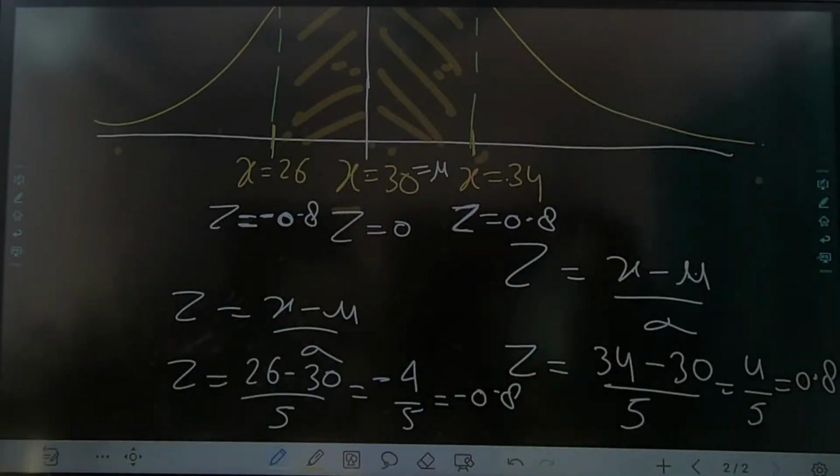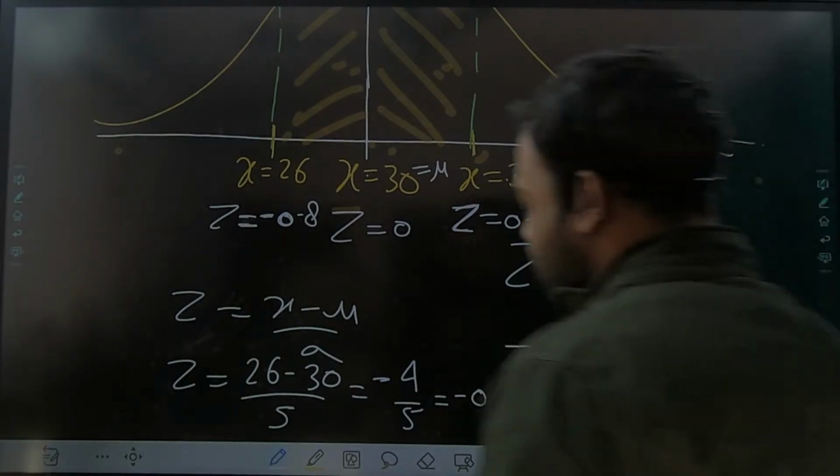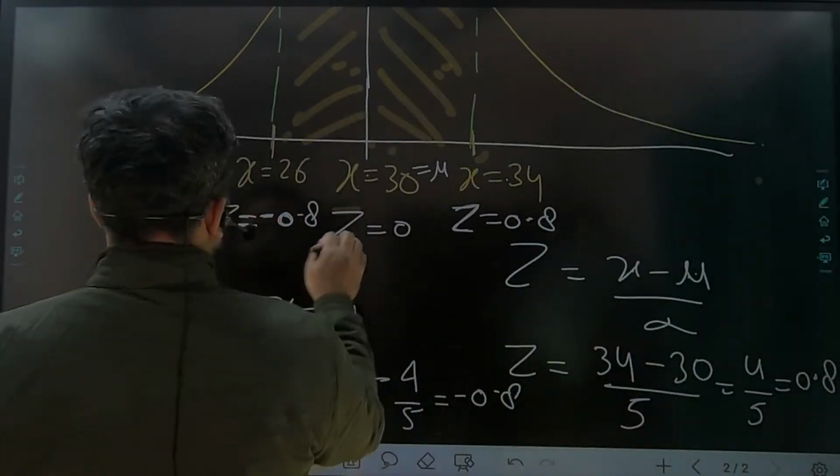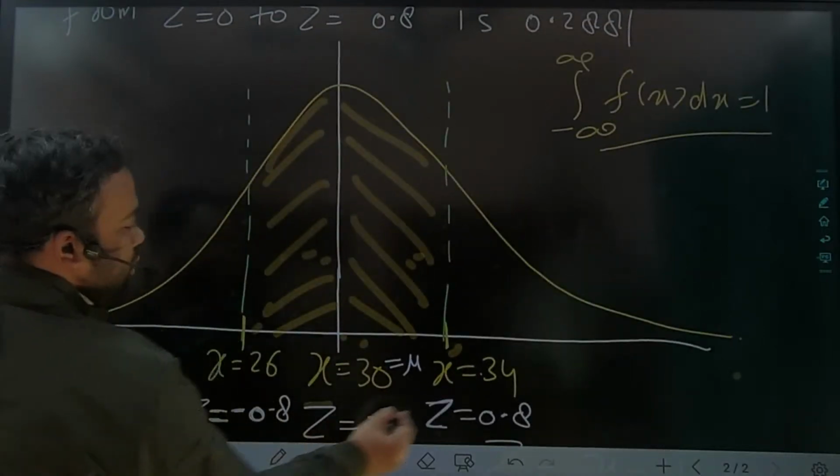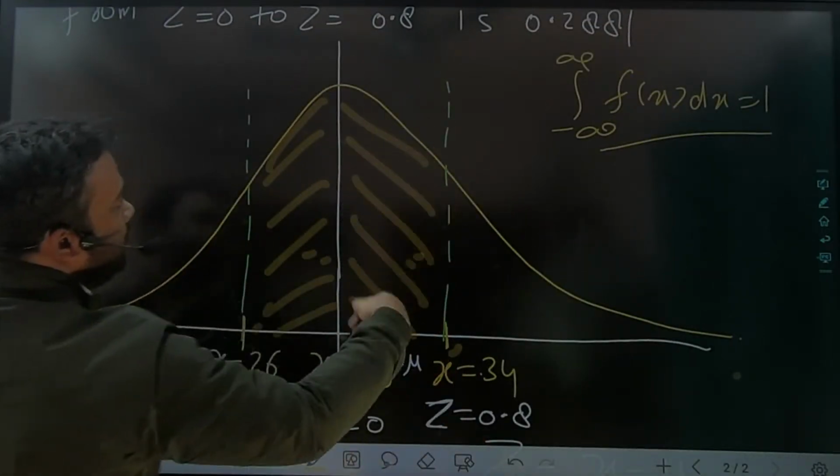And if you see the question, they have given the area from z equal to 0 to z equal to 0.8, which is 0.2881. This area has been given.